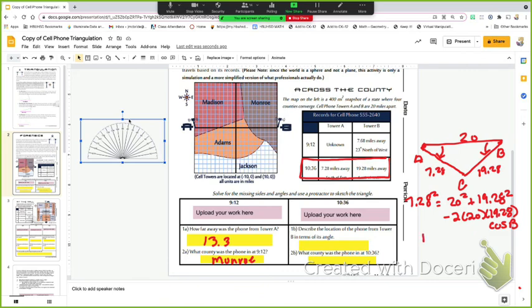And when you do that, you should get angle B to be, I don't know, 21 degrees.